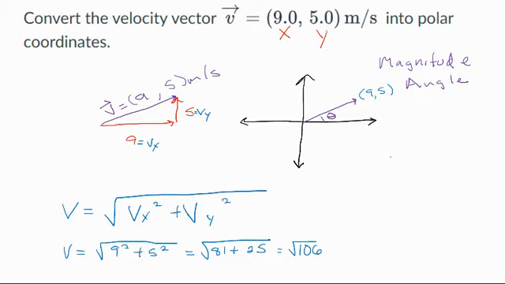Now, I'm going to plug that in the calculator real quick. It should be pretty close to 10. Oh, I see why. I keep hitting the wrong button. Yeah, so it's about 10.2.